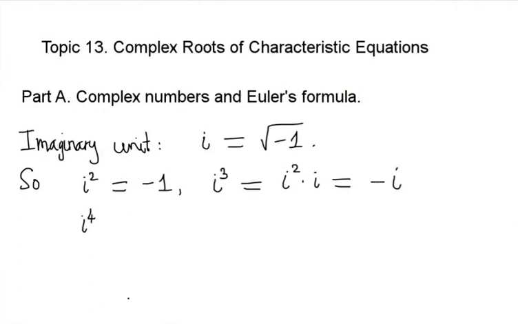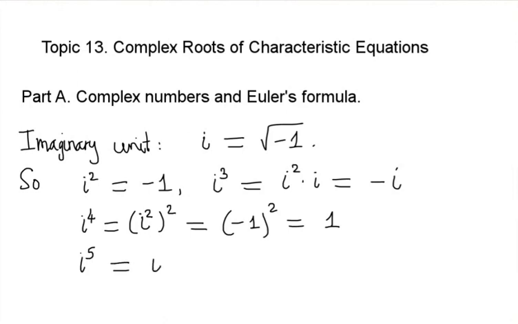Similarly, i to the fourth will be, you could do i squared, and we get -1 squared, which is 1. And i to the fifth, you can split into i to the fourth times i, and because i to the fourth is 1 as above, we have 1 times i, which is i, etc.